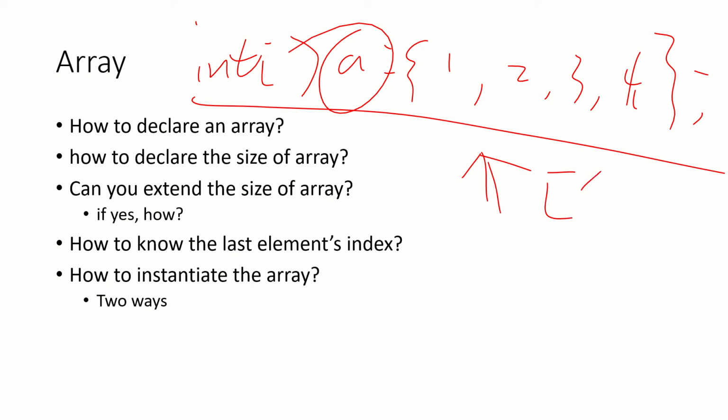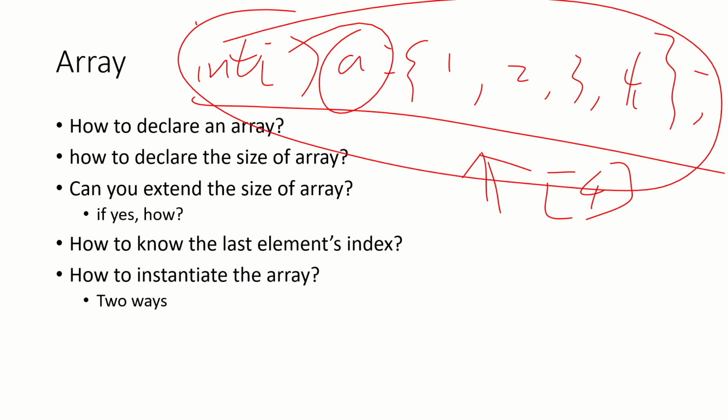Is the size 4 fixed? Yes. Once you declare and initialize, the size of array A is fixed. If you want to extend, you have to create a new one with extended size. Make sense?